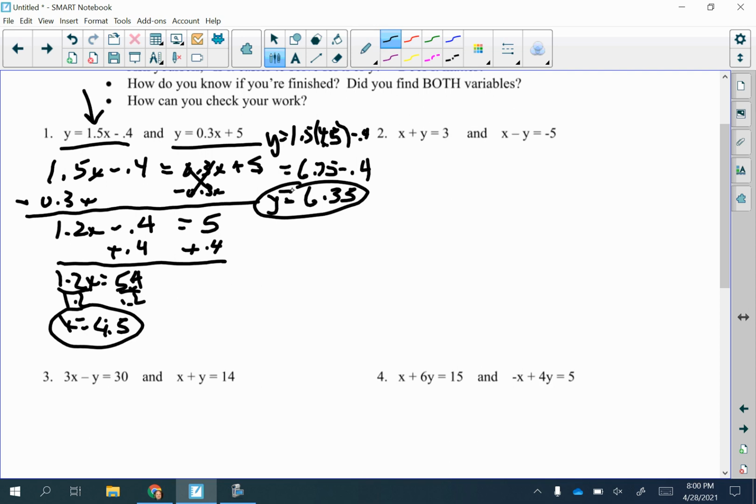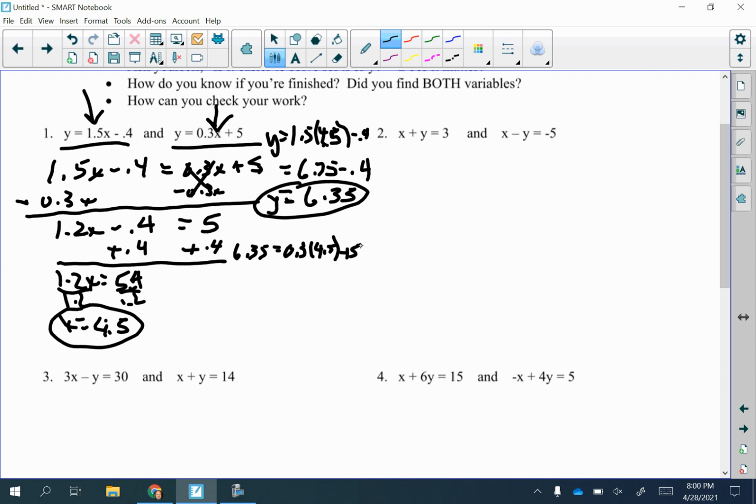So I found my x and I found my y. Excuse me, I just need to do my check step now. So now I'm going to use this equation and plug both in. So 6.35 equals 0.3 times 4.5 plus 5.